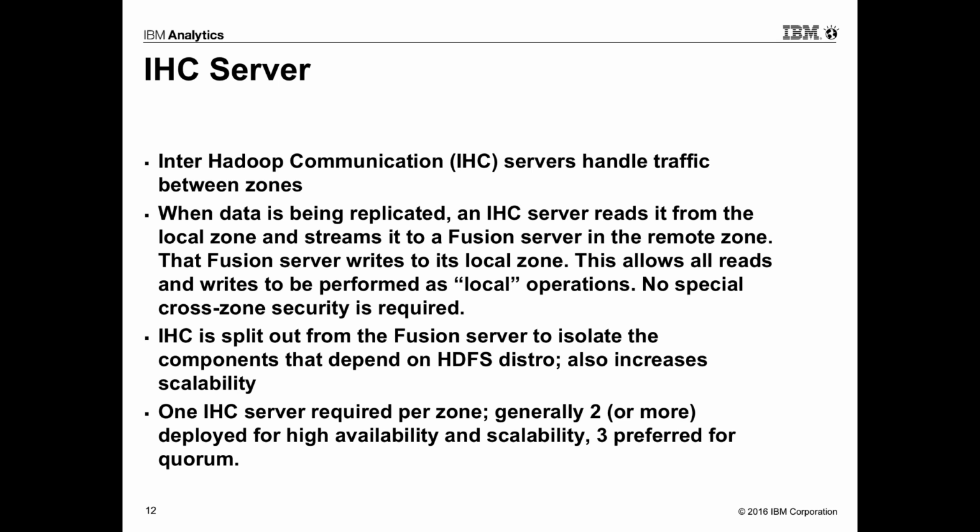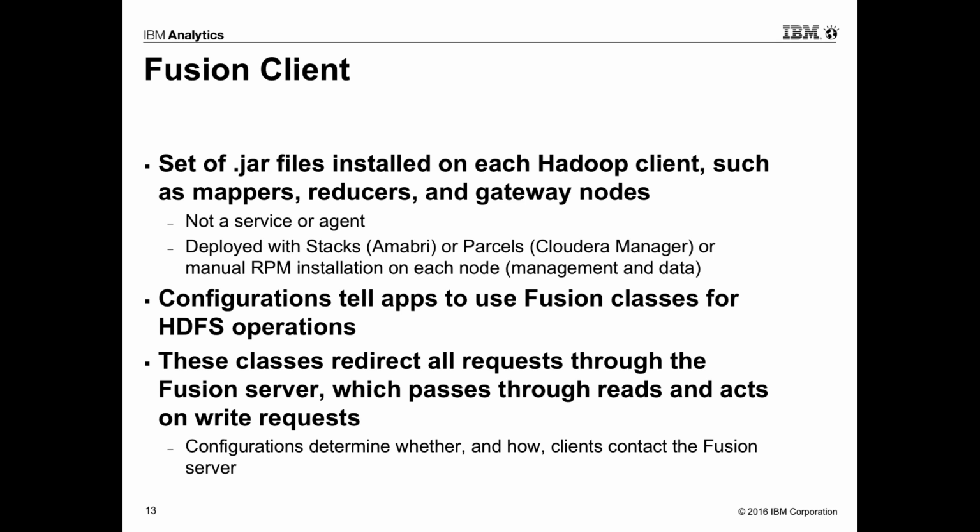In the case of IHC server, three is actually preferred for having a quorum consensus, which I'll talk about a little later. It is really a part of the distributed coordination engine, or DConE engine.